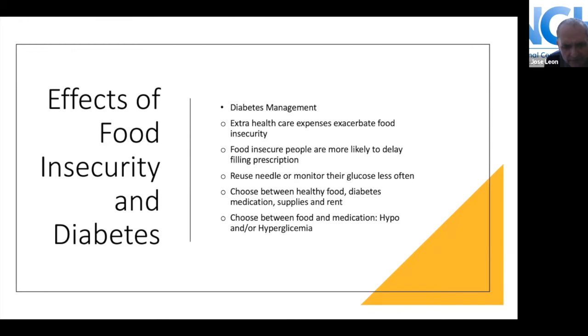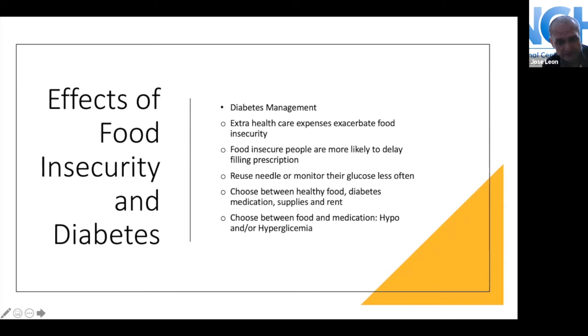That can be a big issue because patients can develop hypoglycemia or hyperglycemia. And again, it will depend on the needs. The patient will sometimes have to make difficult choices, and those difficult choices will be factors for these patients to have uncontrolled diabetes.